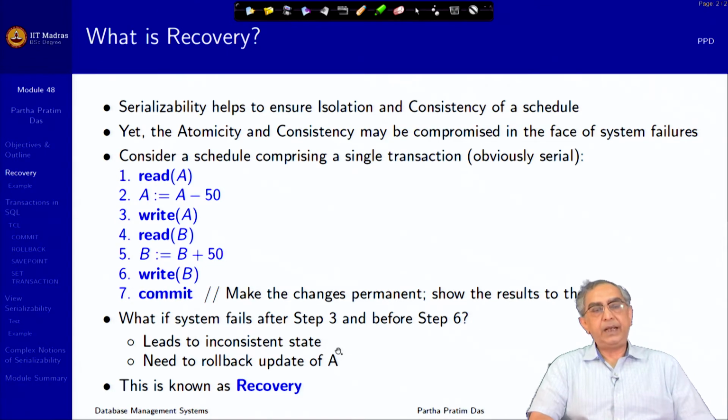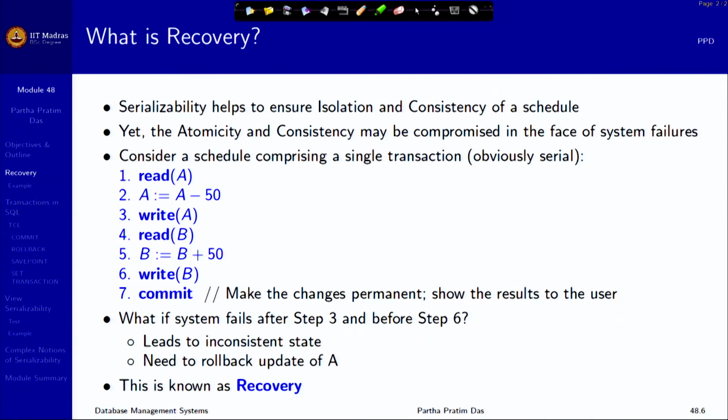Serializability has helped us to ensure the kind of isolation and consistency of a schedule, but still the atomicity and consistency may be compromised if there is a system failure.